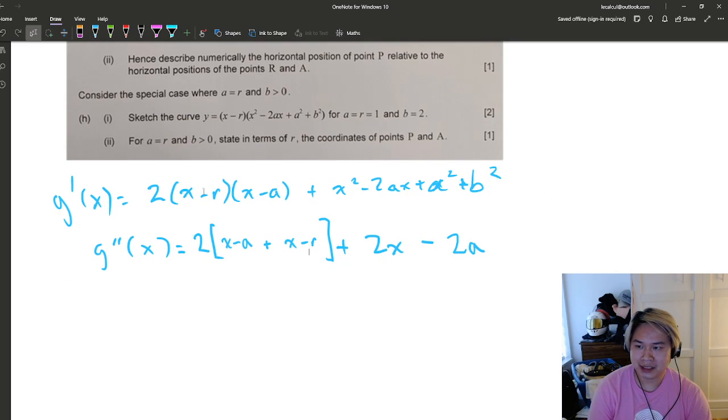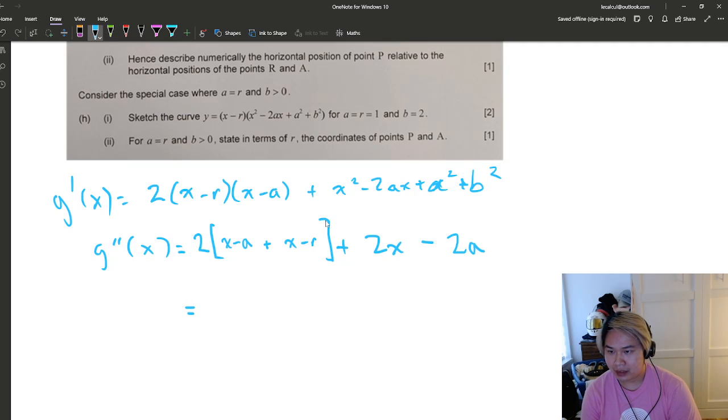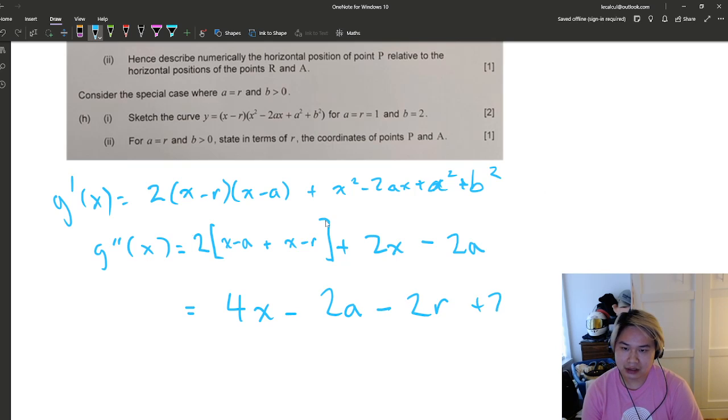Again, the derivative of this is 1, so this is going to be that. Derivative of this is 1, so you just multiply it with this to get that one. And then what do we got? We got 4x minus 2a minus 2r plus 2x minus 2a.